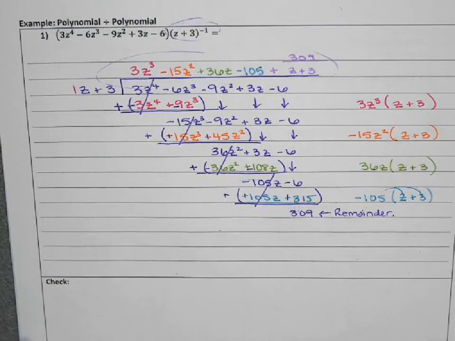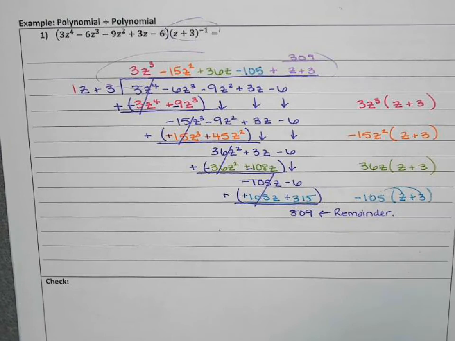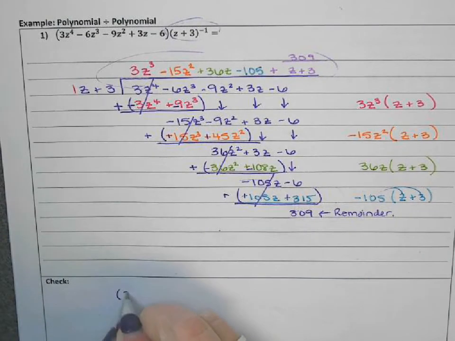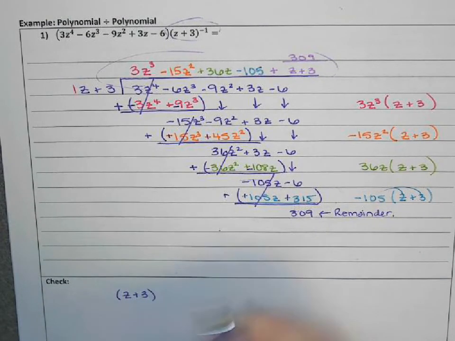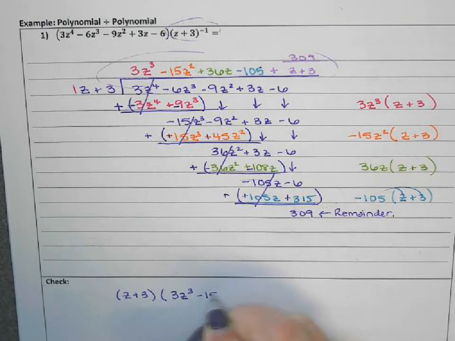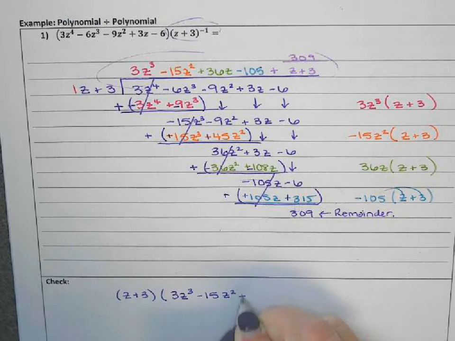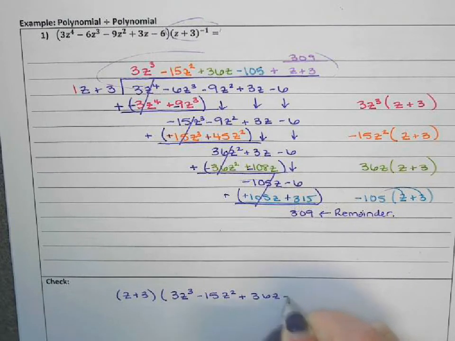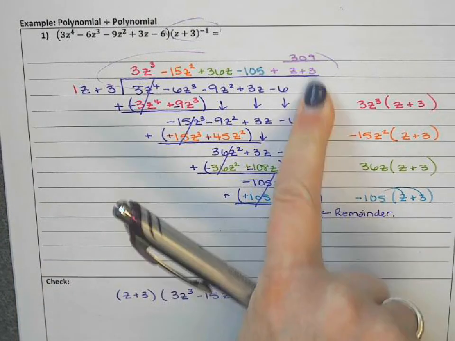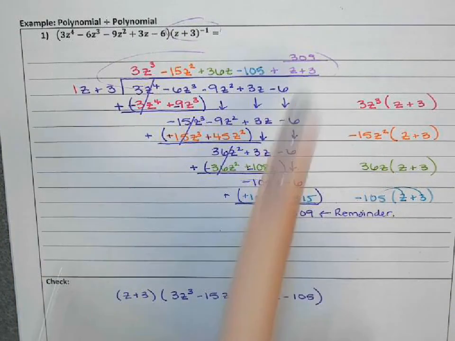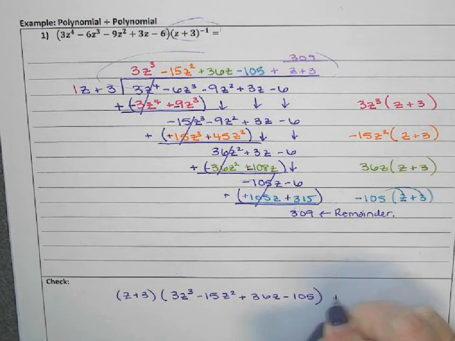So we're going to write this out. We're going to have to multiply z plus 3 times the 3z cubed minus 15z squared plus 36z minus 105. I'm not going to write the fraction part because that's what I'm going to add in later as my remainder. So plus the 309, which was your remainder.